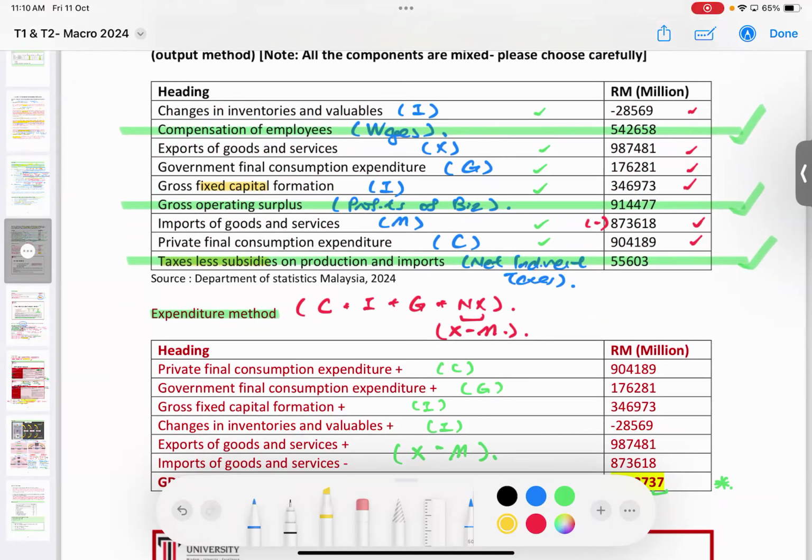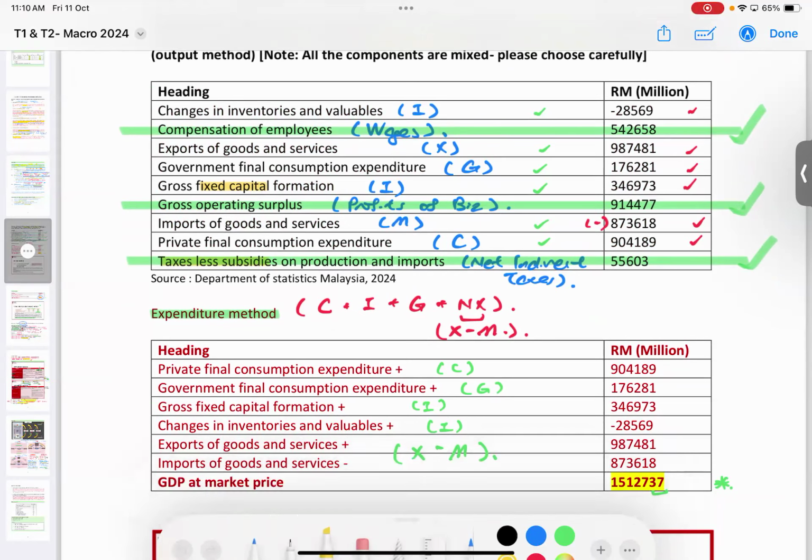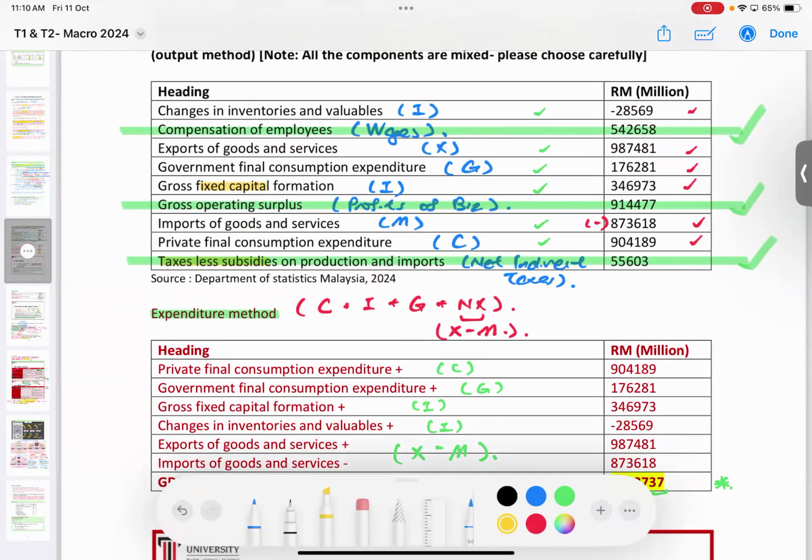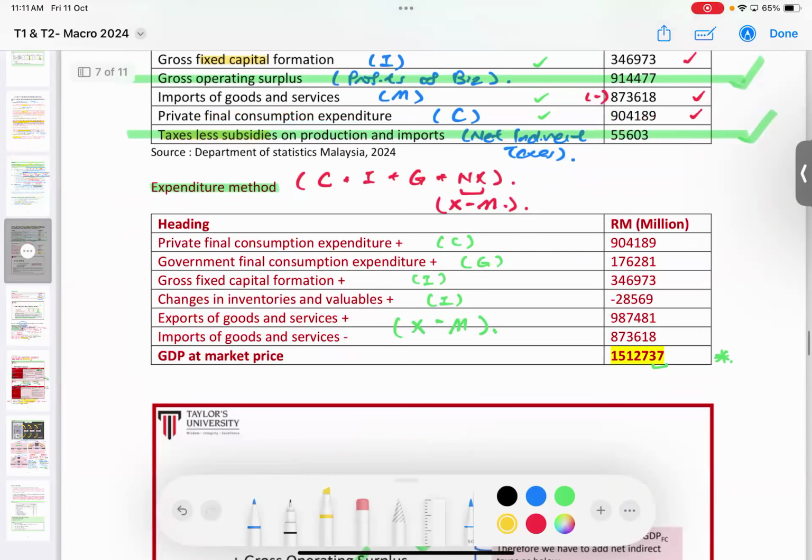Fixed capital means machinery and equipment, so it relates to investment.